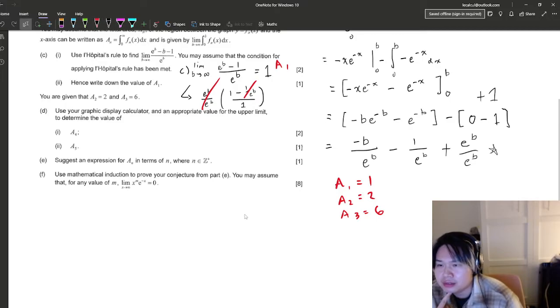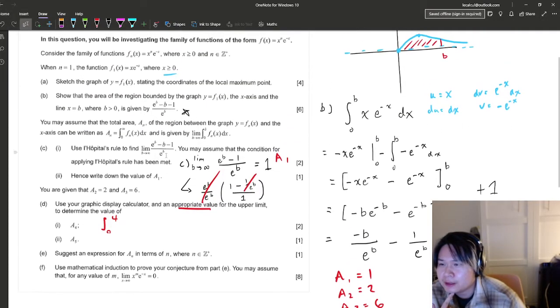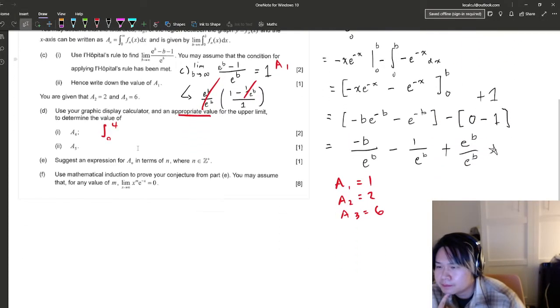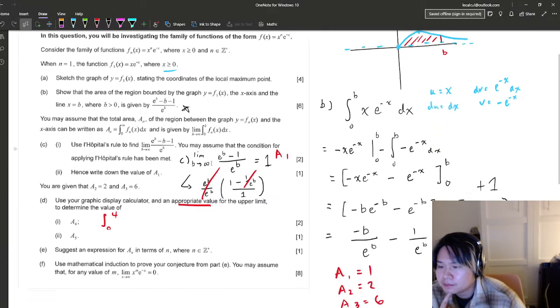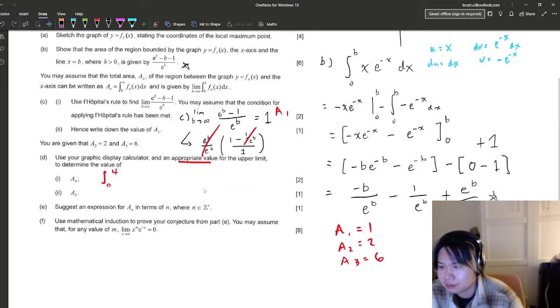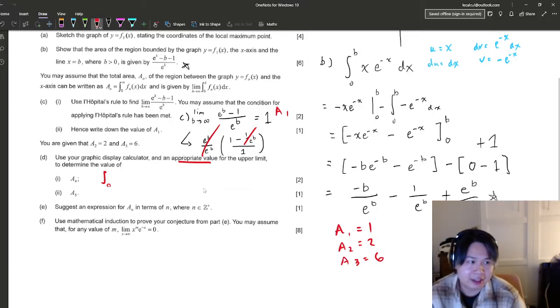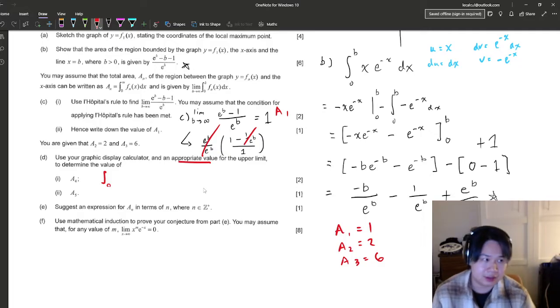Okay, so appropriate value, we're gonna first approximate this. Look, as we get closer to infinity, it will get closer to, I'm assuming, an integer value.